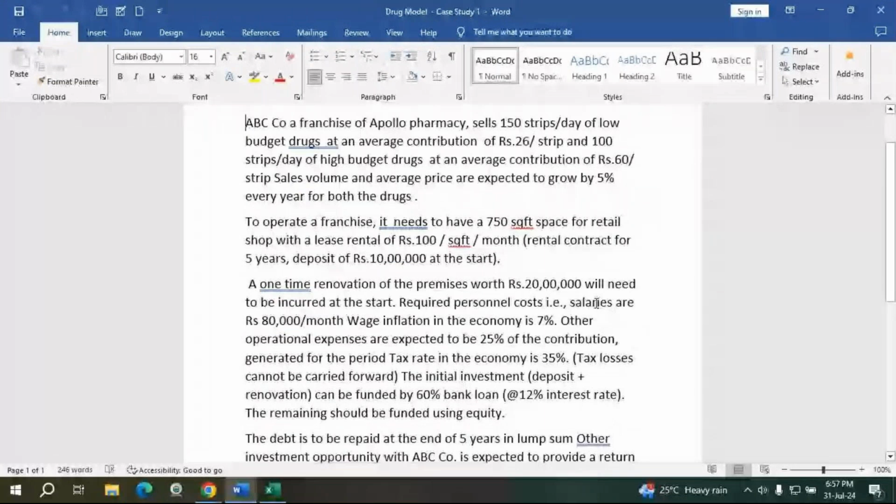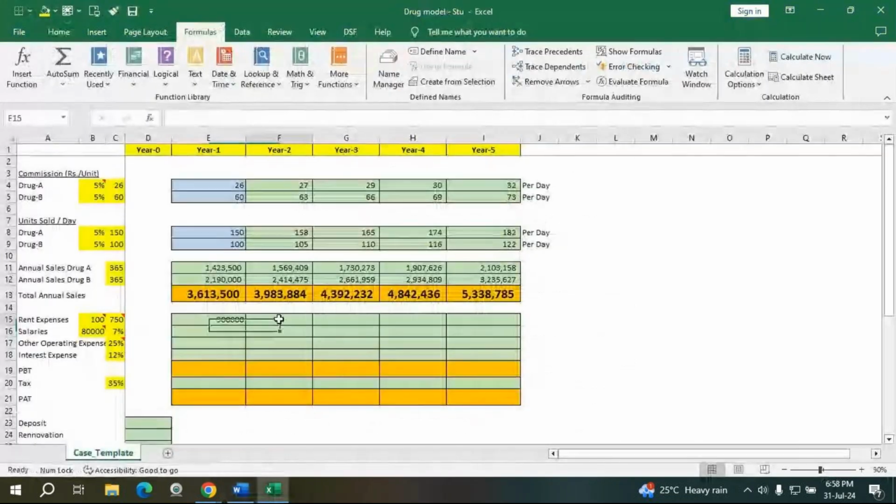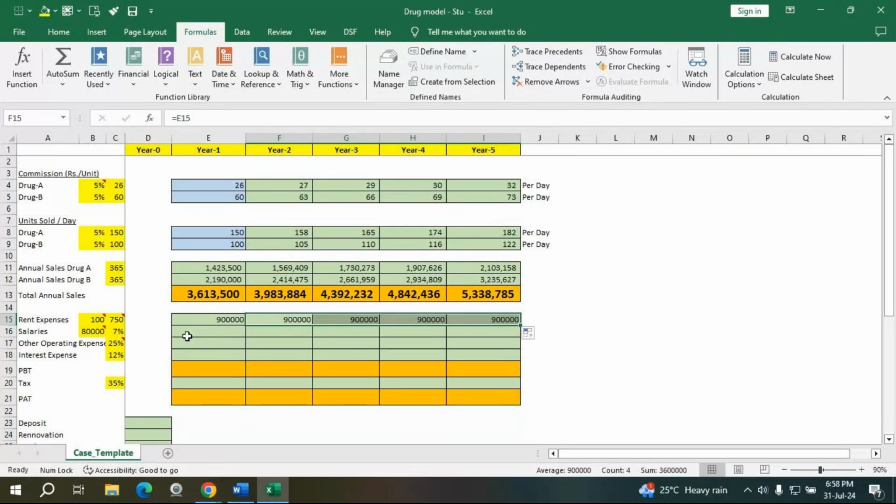To operate the franchisee, it needs 750 square feet of space for a retail shop with a lease rental of rupees 100 per square feet per month. Rental contract for 5 years, deposit 10 lakh at the start. Nowhere are they telling that there is an increase in the rent, so this amount is going to remain the same every year. So it is 9 lakh rupees rent I am paying.